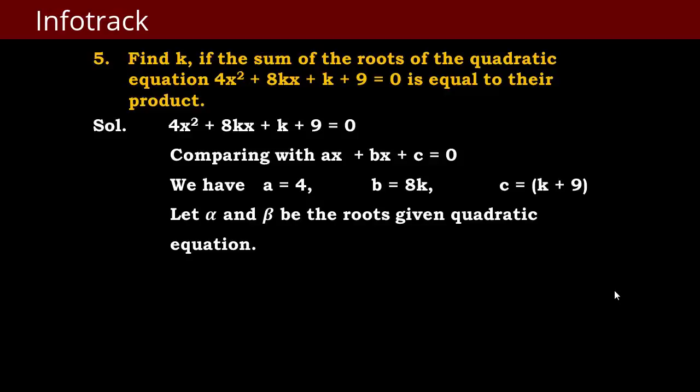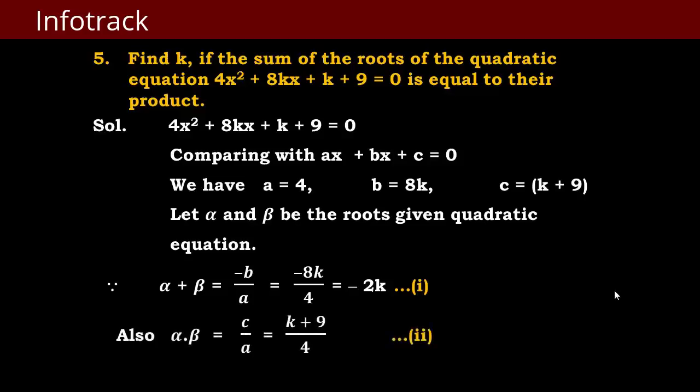That means first we are going to calculate the sum alpha plus beta, and the formula is minus b upon a, that is minus 8k upon 4, which is equal to minus 2k. Equation number 1. And alpha into beta is equal to c upon a, that is k plus 9 upon 4. Equation number 2, by formula.